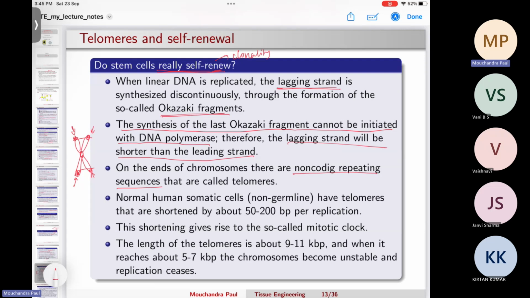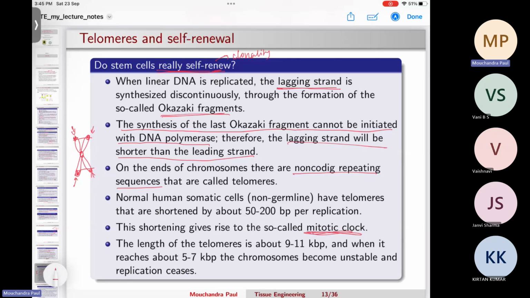The shorter the telomere, the closer it is to senescence or old age. After senescence, the cell division will stop, and it is also the time when our body goes towards decaying, dying, right, in old people. So at the cellular level, this shortening is called the mitotic clock.